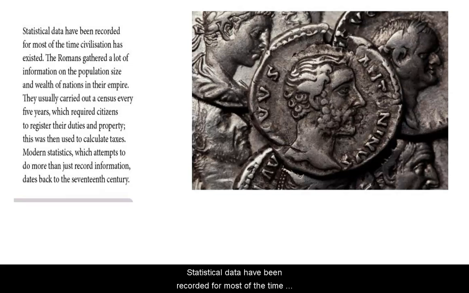Statistical data have been recorded for most of the time civilization has existed. The Romans gathered a lot of information on the population size and wealth of nations in their empire. They usually carried out a census every 5 years, which required citizens to register their duties and property.